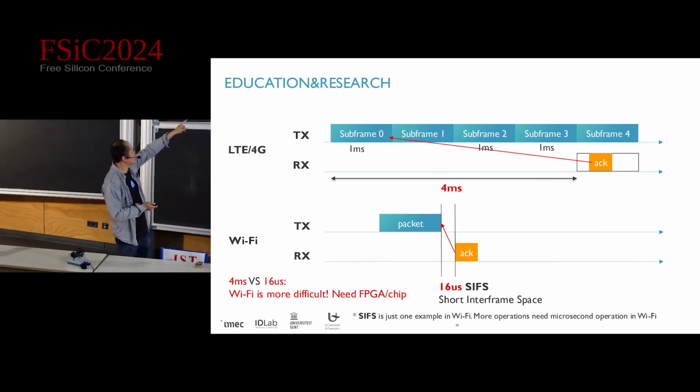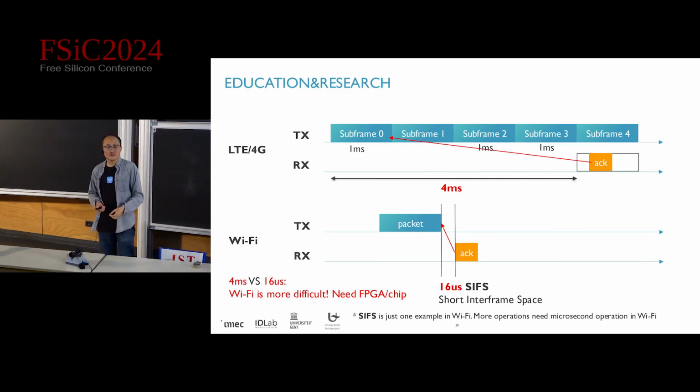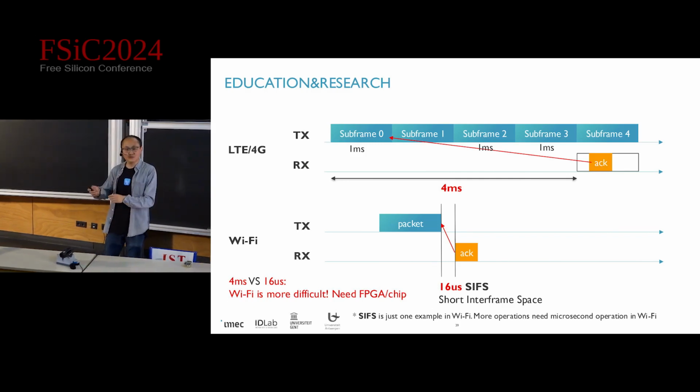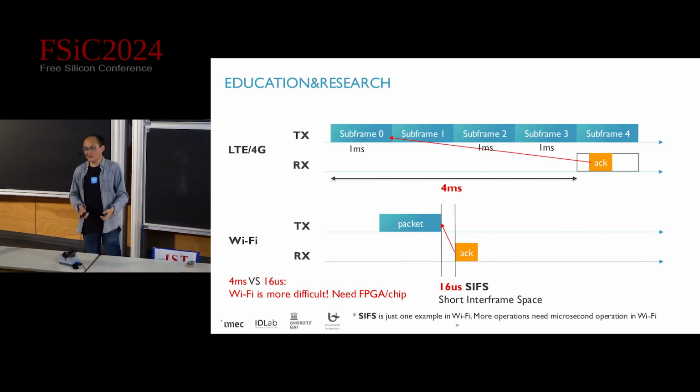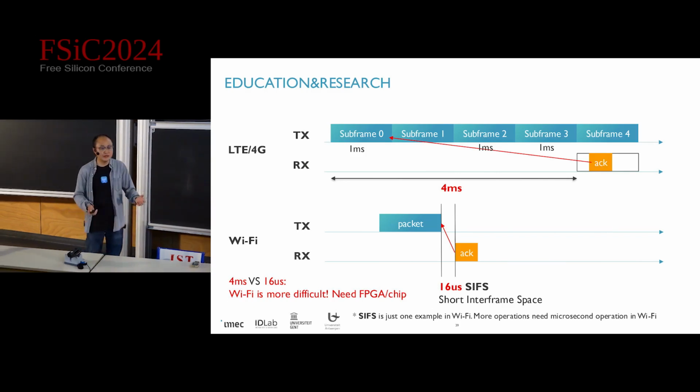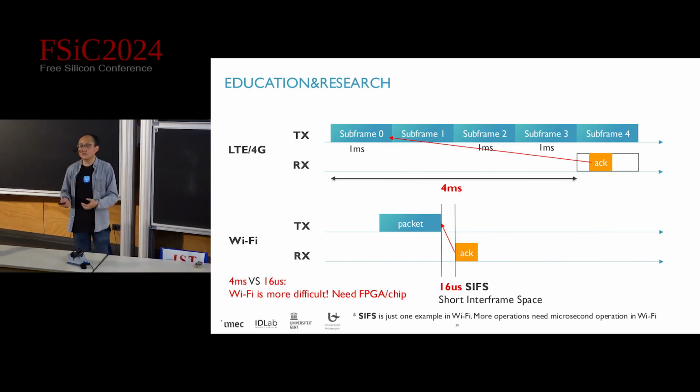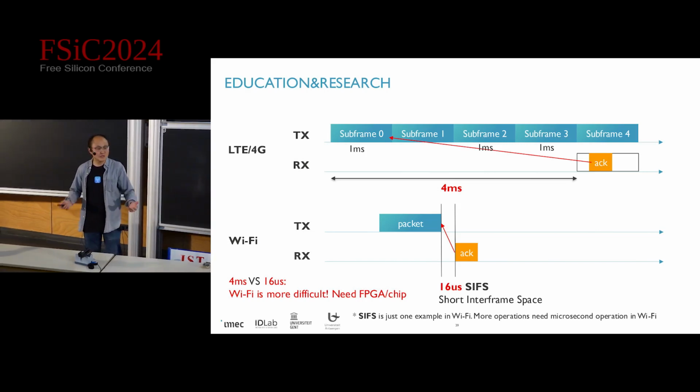So in the Wi-Fi protocol, after you send packets, you expect the acknowledgement from the other side in 16 microseconds. So there's no time for the software in a computer to meet this 16 microsecond acknowledgement. It's too fast for software. So you have to do it in a chip or FPGA. That's why you can't see many activities in open source Wi-Fi implementation, except us.